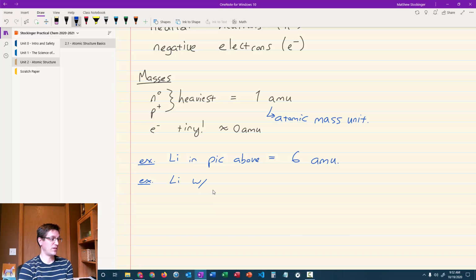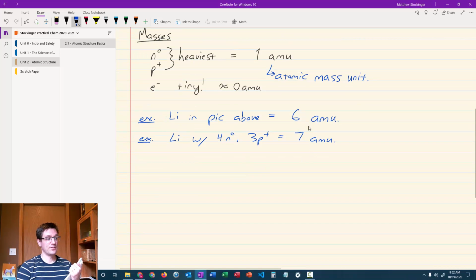Lithium with 4 neutrons, 3 protons equals 7 AMUs. So there are heavier versions of atoms. That number, the mass of an individual atom in AMUs, that's called the mass number.